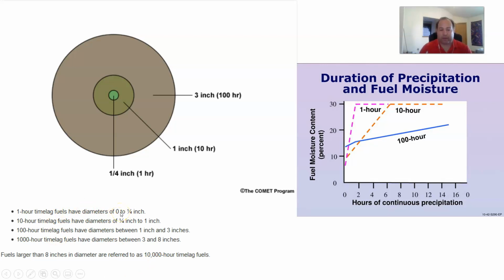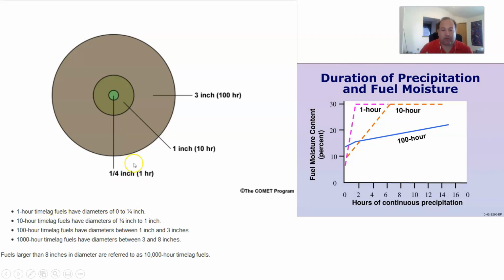So 1 hour time lag fuels are things that are 0 to 1/4 inch in diameter. You're thinking conifer needles, grasses, small twigs. Those things take about an hour to lose enough moisture to be the same as the moisture of the air.